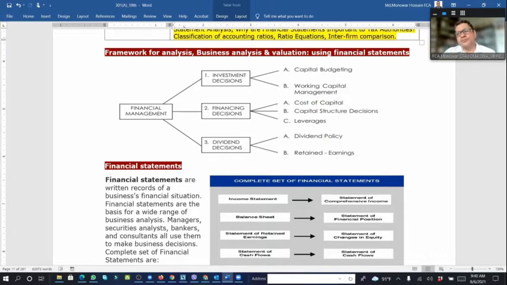For example, capital structure. Our capital is loan capital and equity capital.